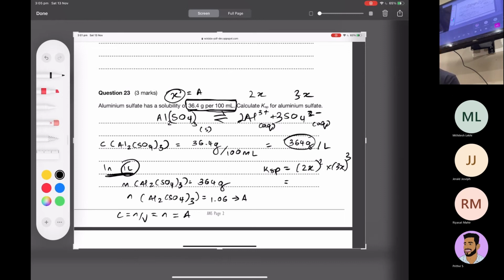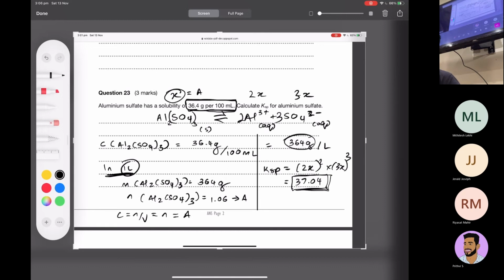So what's our answer? 37.04? Okay. What do you think about this? High, low, soluble, insoluble? Did you get different values or?